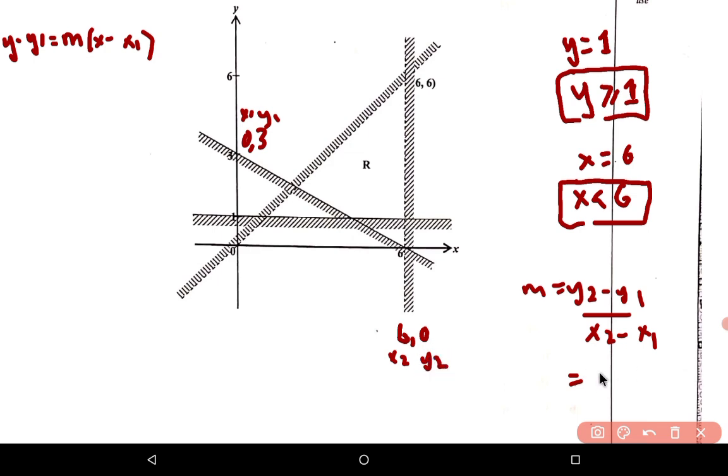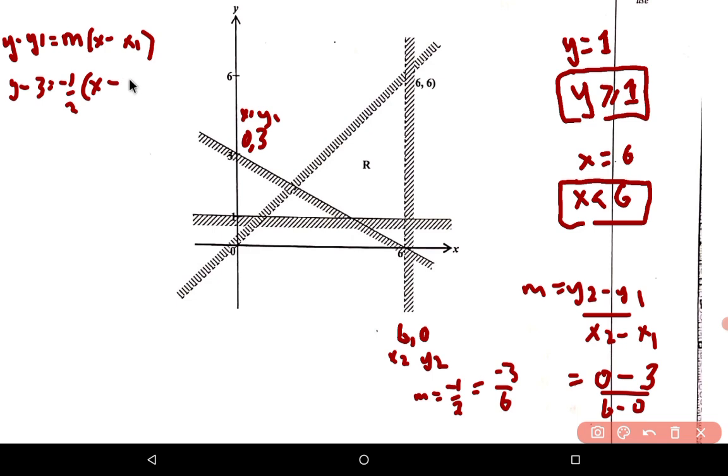So y2 there is 0 minus y1, which is 3. x2 is 6 minus x1, which is 0. So negative 3 out of 6, and when we reduce this, it gives us negative 1 out of 2. So this is your gradient. So you're going to say y minus y1, which is 3, your gradient is negative 1 over 2, and x minus x1, that is 0.